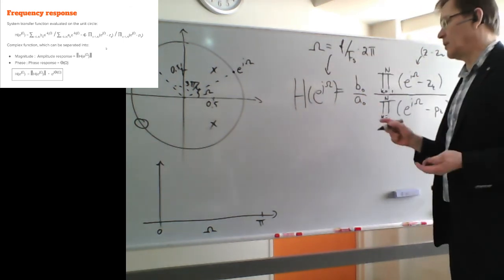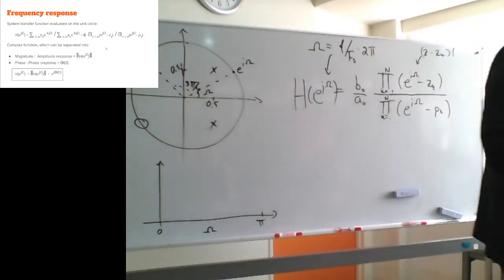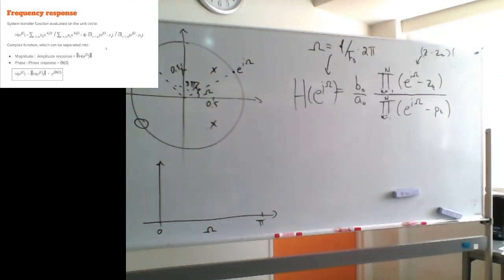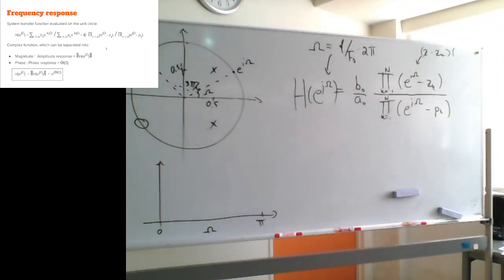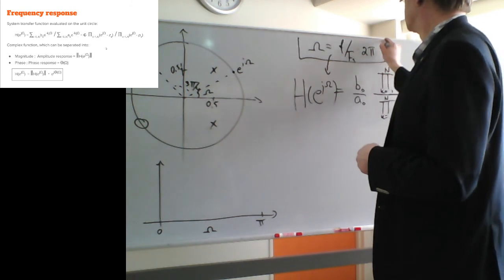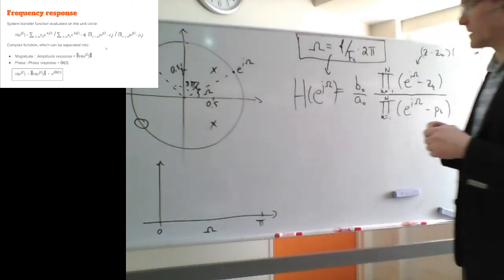So 2 pi on this complex circle equals the sampling rate. Mapping, so we know where the physical frequencies are.